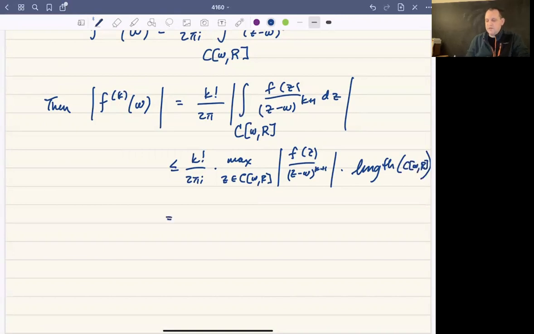Of course, the length is 2 pi r. Also, if z is in the circle centered at w of radius r, then z minus w has modulus r.